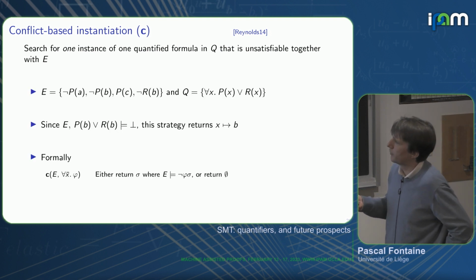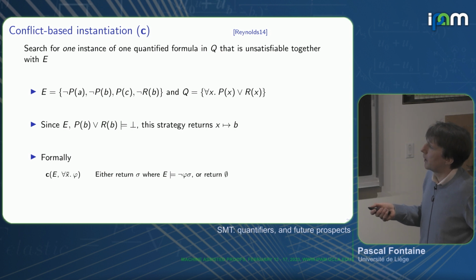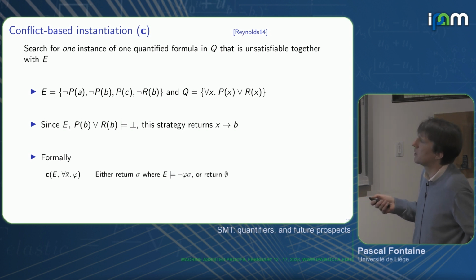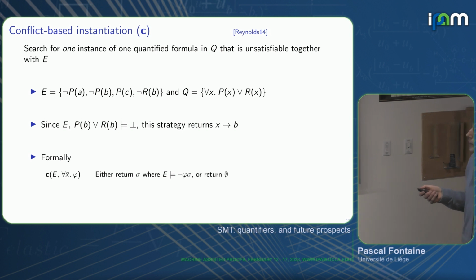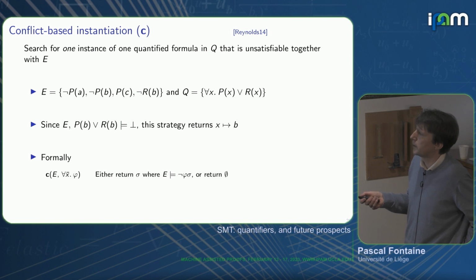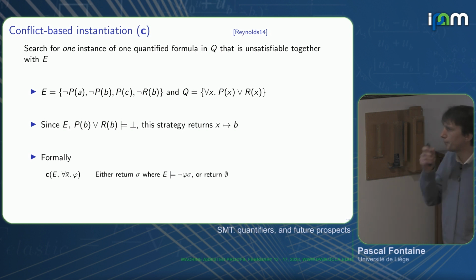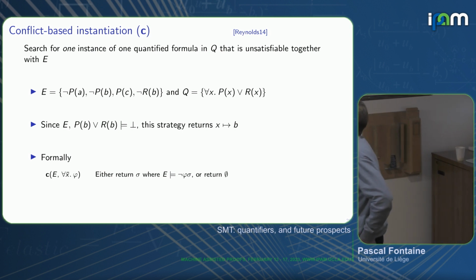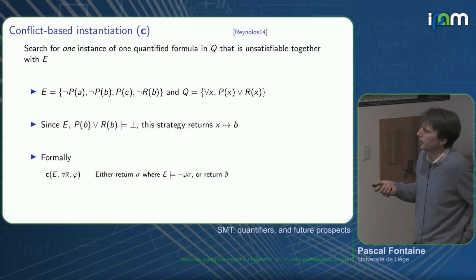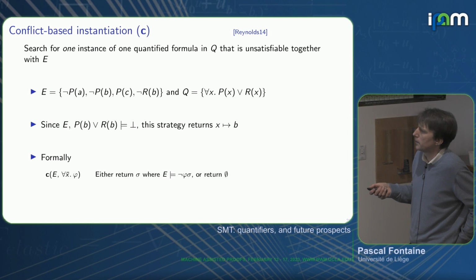If you have this as your ground model, or ground assignment, and you have this formula, which is probably the same example that we had before, you can directly see that if you instantiate this x by b, then you directly kill e. So this conflict-based instantiation technique will simply return the instantiation that assigns x to b.